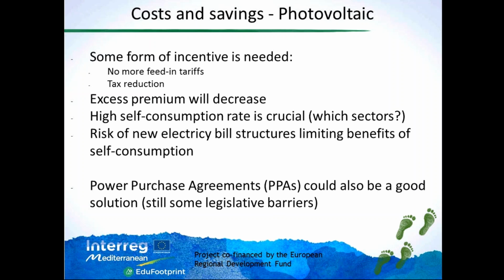And this means that even if we save energy, we cannot save those costs. So the economic profitability of self-consuming PV electricity could be lower in the future. This is a very important discussion which is going on in many European countries.